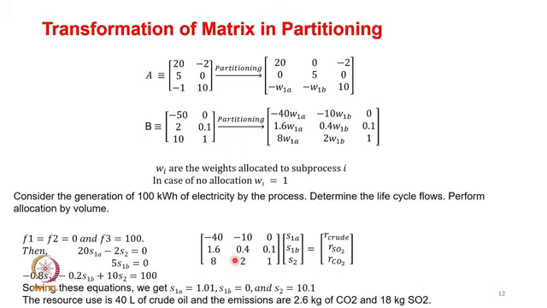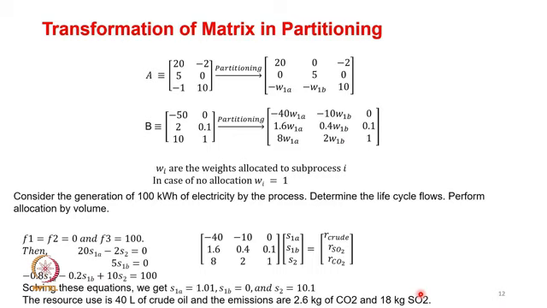Now you can see that 1.6 multiplied by S1A, which is close to 1, and 0.1 times 10, which is 1, so 1 plus 1.6 plus 1, close to 2.6 kilogram of CO2. And this would be 8, and this is 0, and this is close to 10. So 8 plus 10, close to 18 kilogram of SO2.